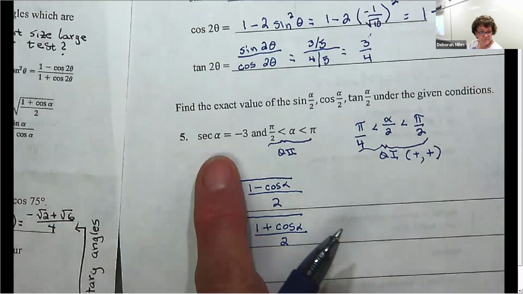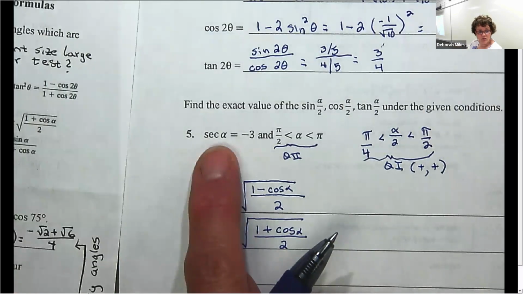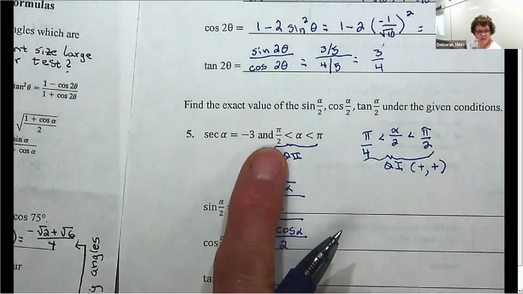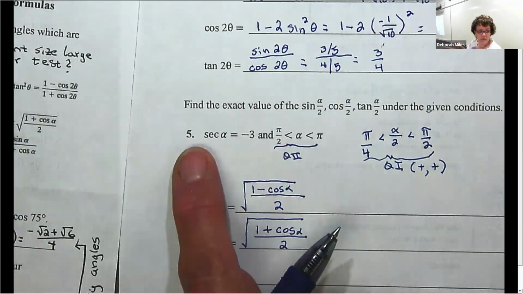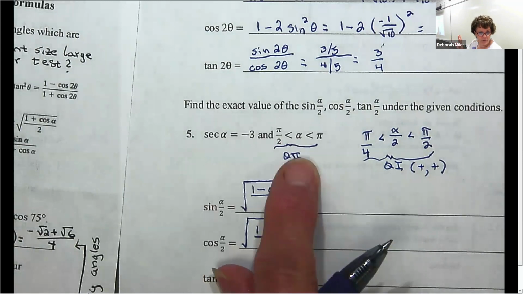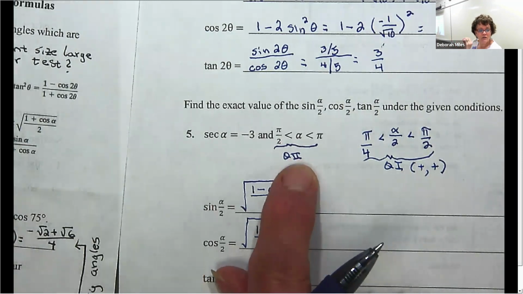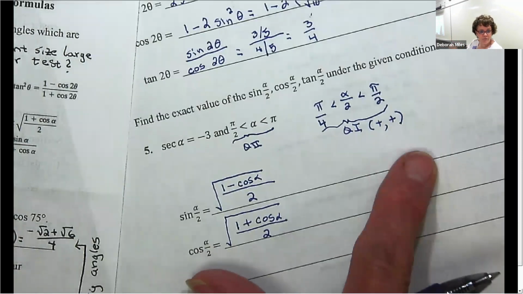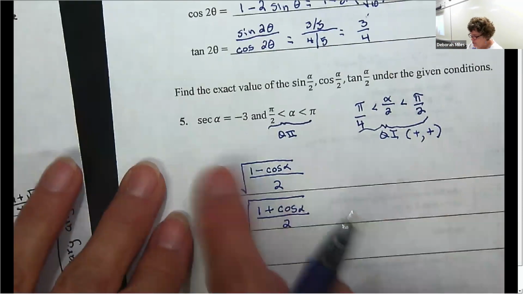Since I don't have memorized on the unit circle any angle whose secant is -3, I need to draw a triangle in quadrant 2. We're going to draw alpha, not alpha over 2. I need to draw alpha in the second quadrant.